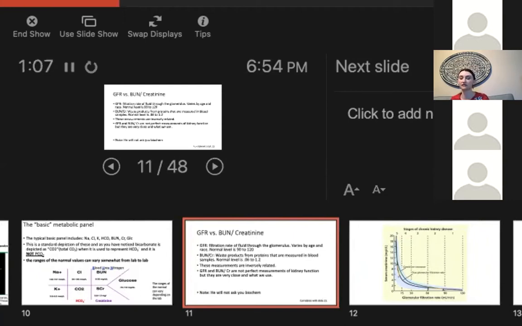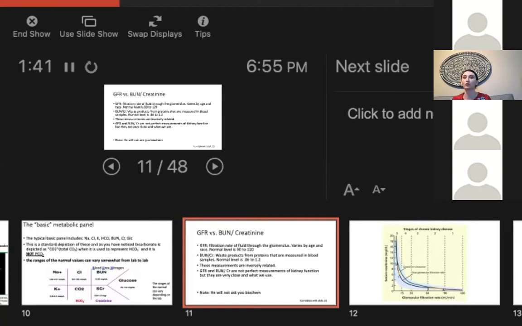When you get a GFR back on a chemistry panel, it's going to say African American or non-African American, because that also affects the GFR. So normal level is going to be 90 to 120. You're not going to find many patients probably that have that GFR. They typically are lower and have some problems going on. BUN and creatinine, so it's our blood urea nitrogen.